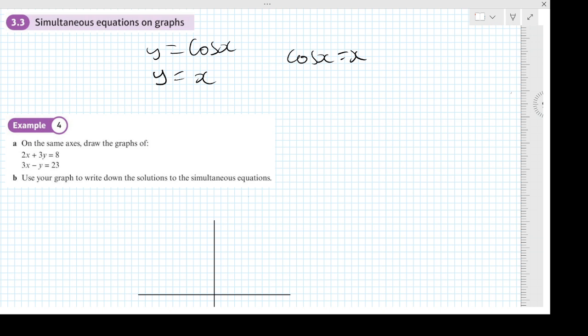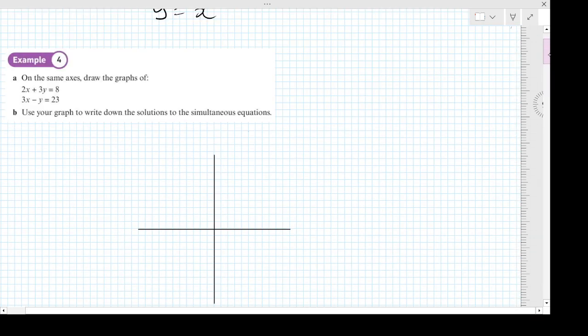However, we know what these graphs look like, and they are quite nice to plot. When they cross over, we can see visually quite quickly where the solutions would be. So it is quite helpful to consider the graphs. Let's have a look at an example.